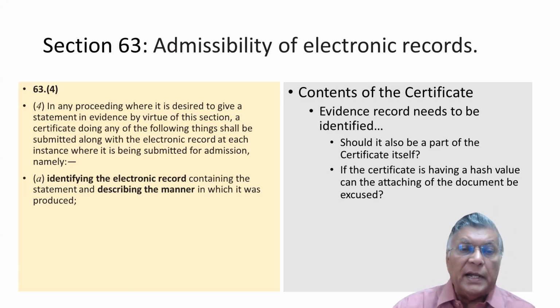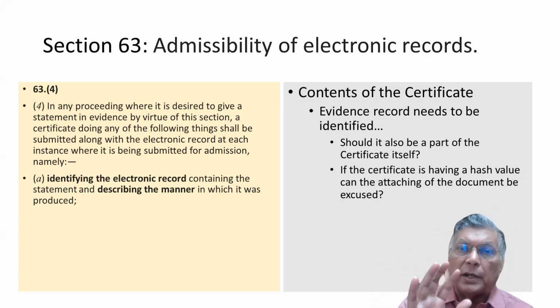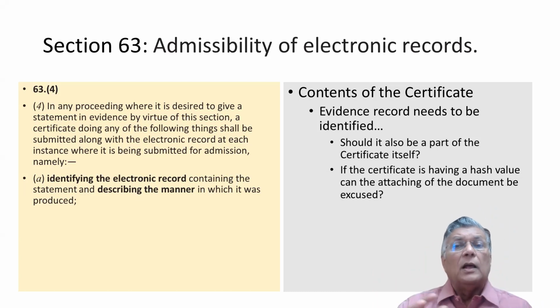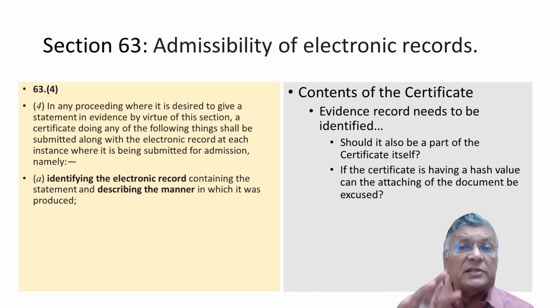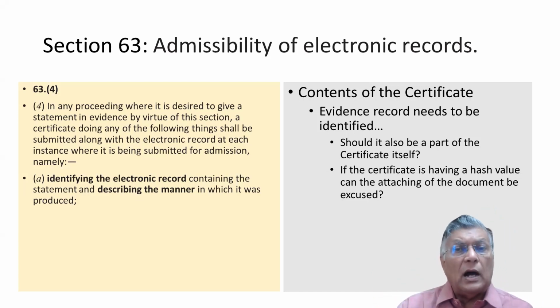One is identifying the electronic record containing the statement, then describing the manner in which it is produced. It is very important to record the manner of production in as much detail as possible, so that somebody else, if they follow the same manner, should more or less get the same electronic record, or explain why there is any small difference.